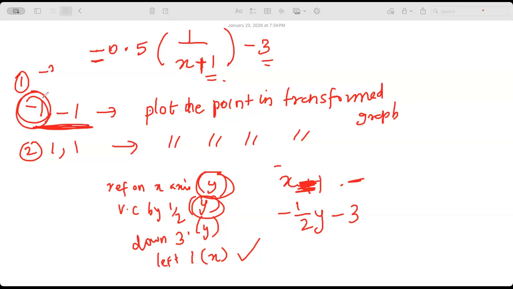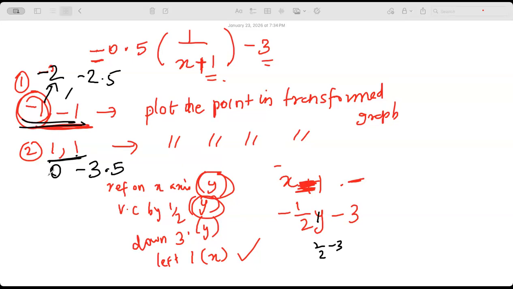So this one became minus 2. Again, the y coordinate of minus 1, what happened to that? If you substitute, this becomes half minus 3, which is minus 2.5. Now you plug in 1 here, 1 minus 1 becomes 0. Now again plug in 1 on the y, so that becomes minus 3.5. Any questions, guys? So this point moved to minus 2 comma minus 2.5. This point moved to 0 comma minus 3.5.